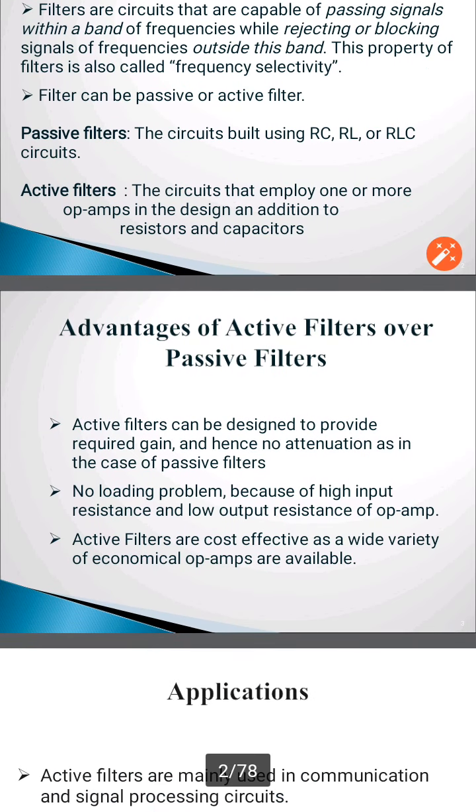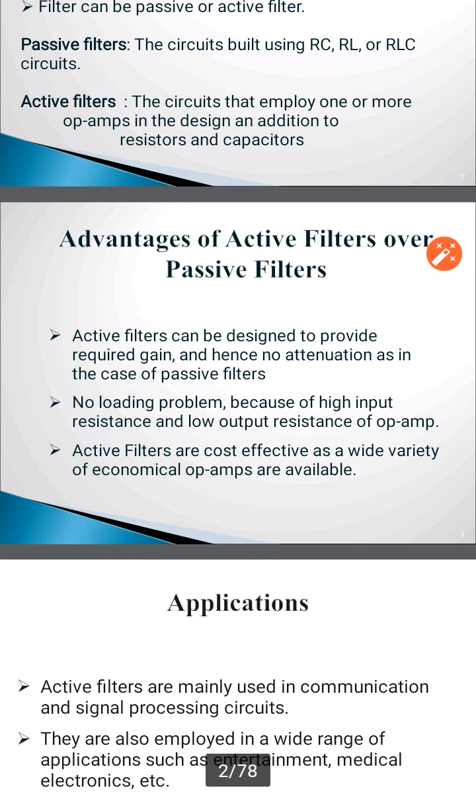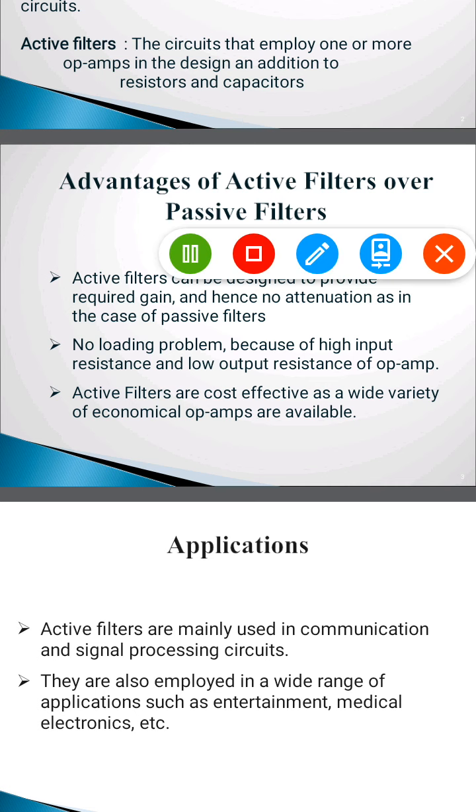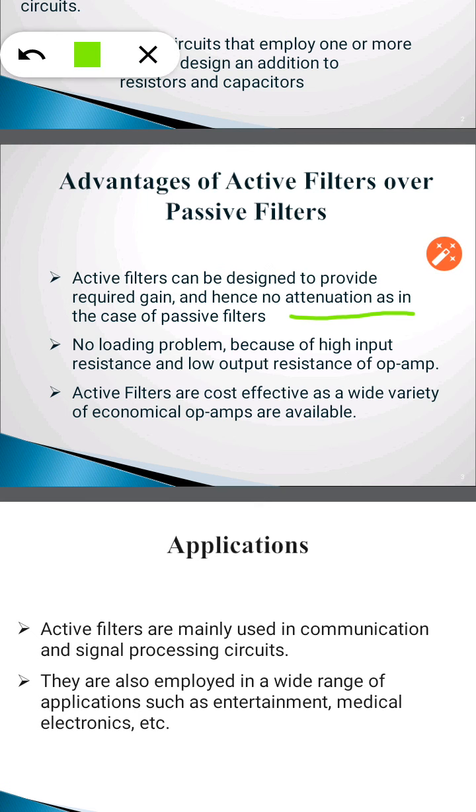What are the advantages of active filters over passive filters? In passive filters there is no active component, so along with passing and stopping the required frequencies, they also give some kind of attenuation, because we know that R and C components dissipate some power. When I'm talking about attenuation, it is like dissipating some power.